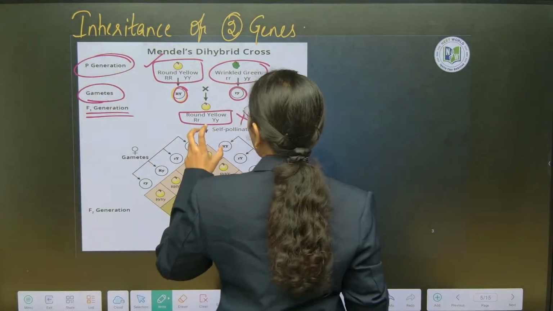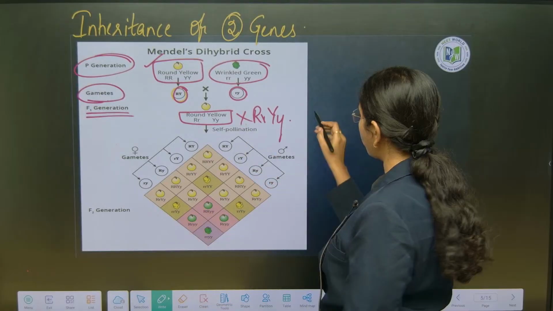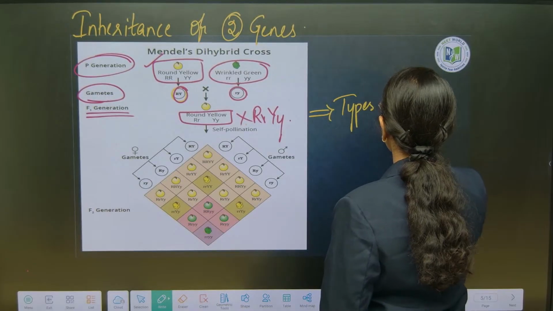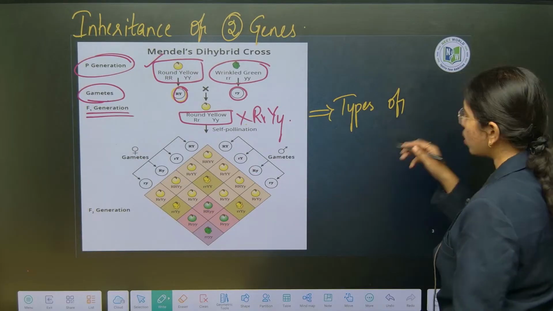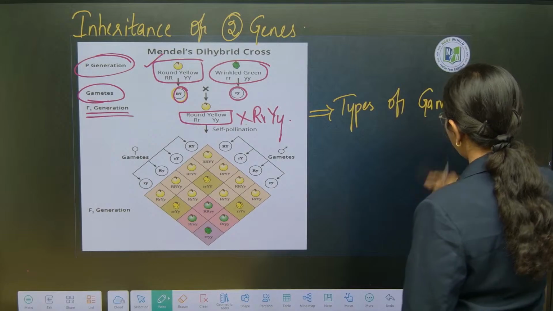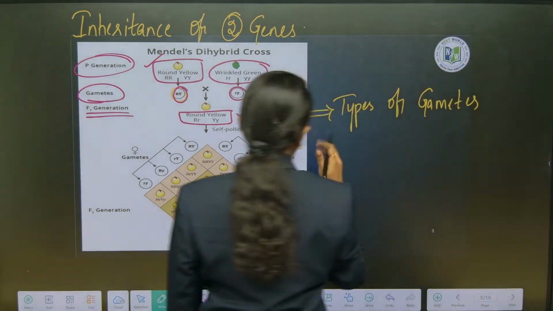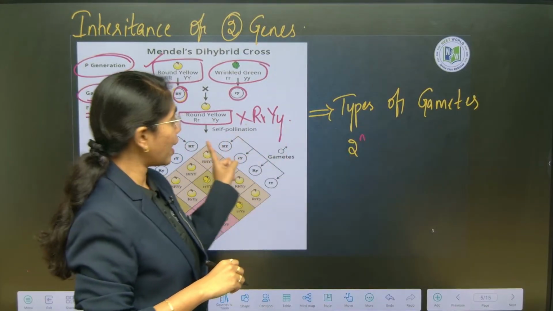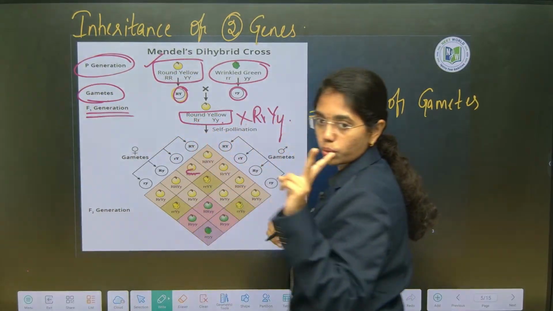So how can you identify the different types of gametes from this? How many types of gametes are formed? Of course you got 4, but how did you get to know about this? The formula is 2 to the power of n, where n is the number of heterozygous conditions. The number of heterozygotes here is 2, right?